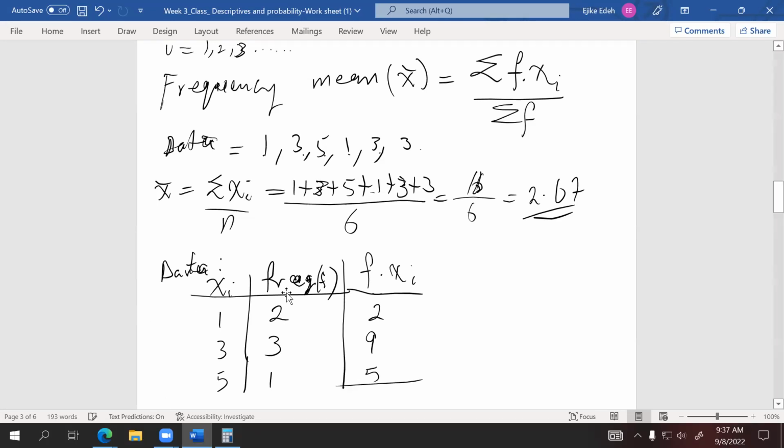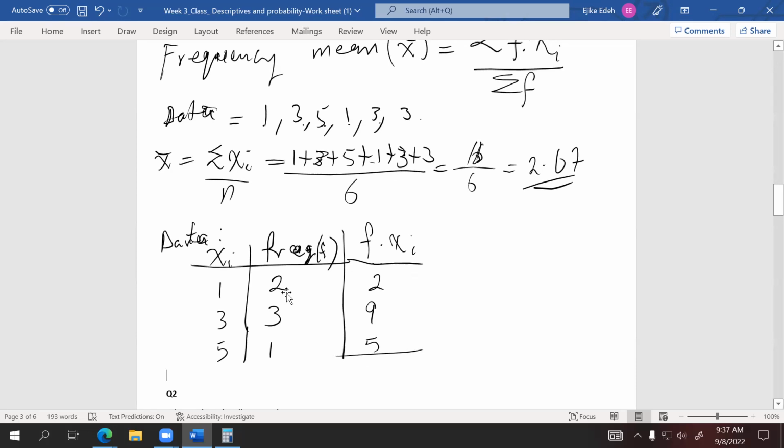So if we sum up this column, the sum of frequency times each data point, we're going to get exactly 16, which is the numerator we have here. If we do the sum of the frequency, we're going to get exactly 6. So this is 6 and this is 16.